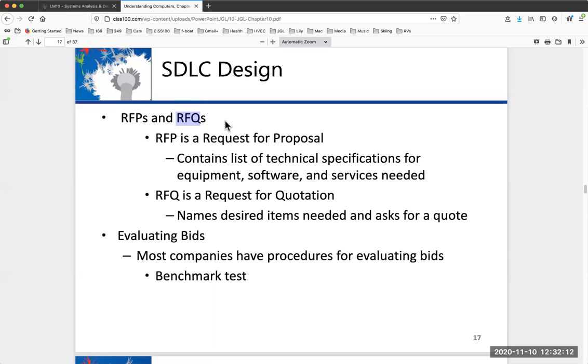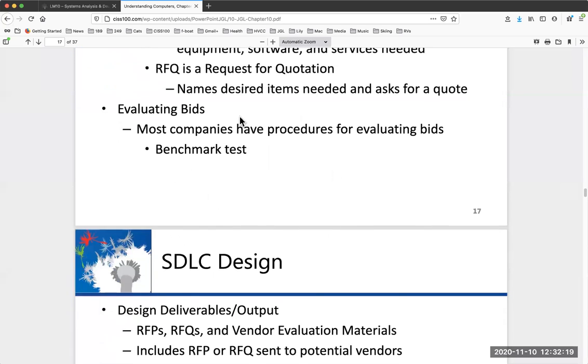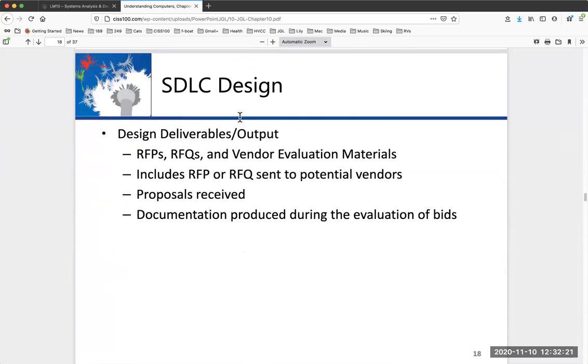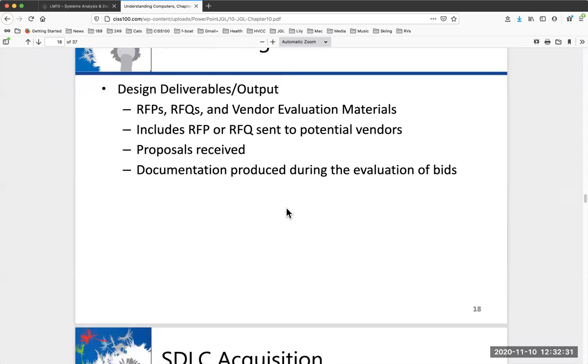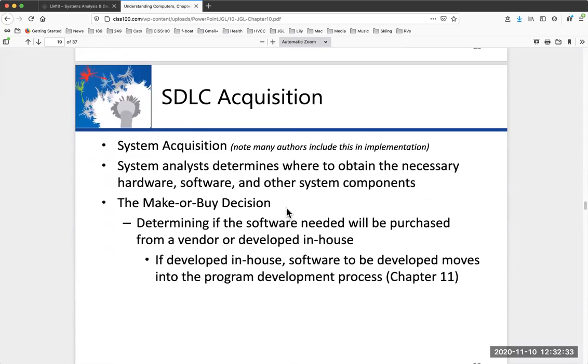So I may want to choose one vendor over another based on these criteria. So deliverables from this design phase are all the RFPs and RFQs, all the documentation, and the actual design. What is the system going to look like?